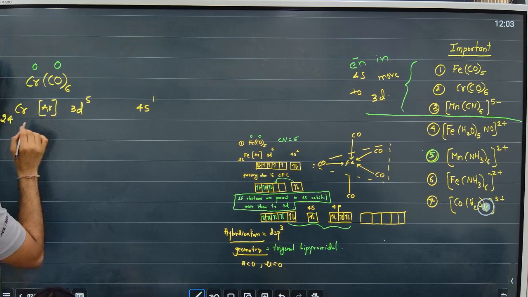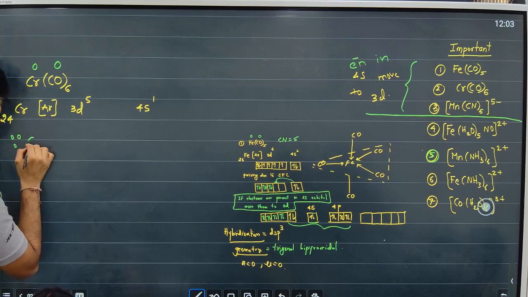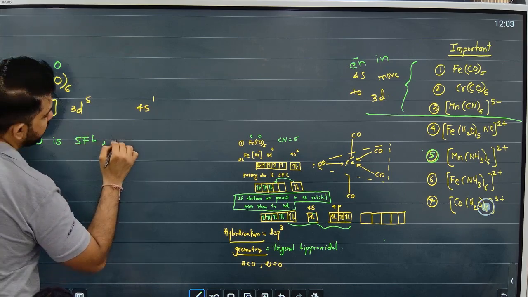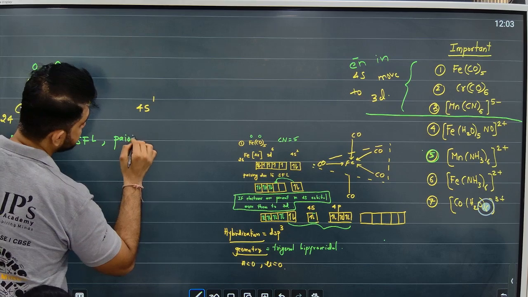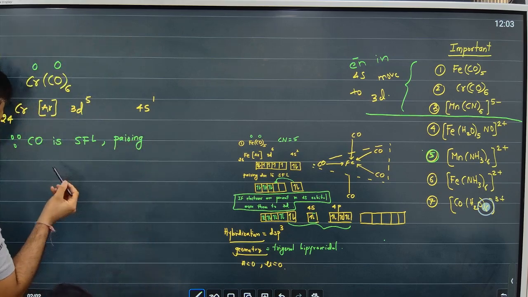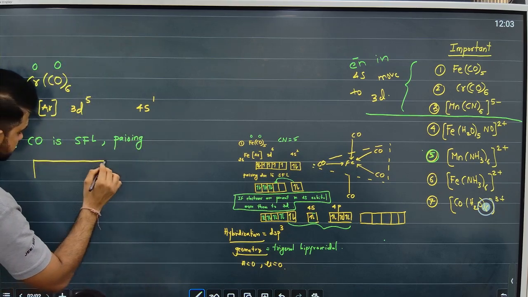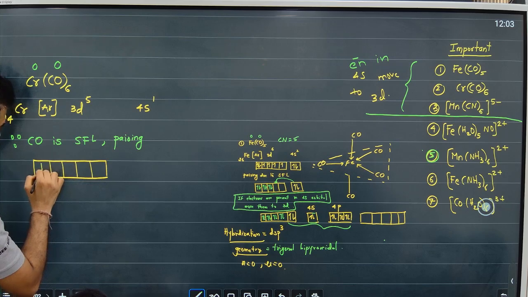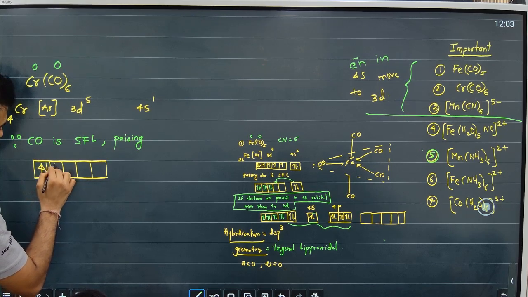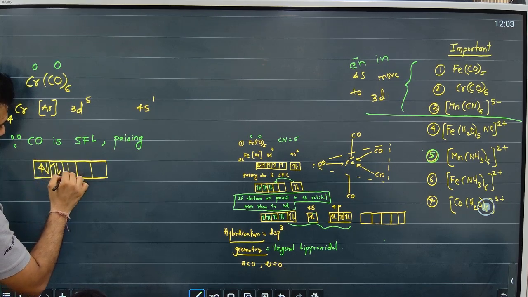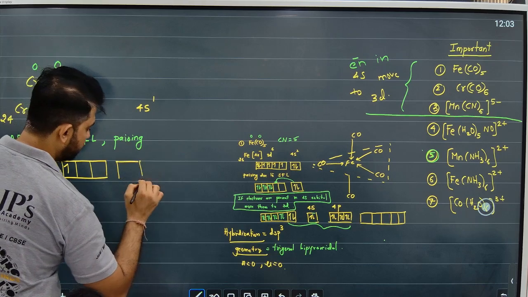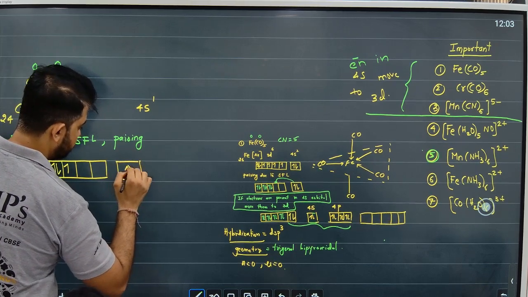तो directly लिख रहा हूँ. Since CO is strong field, what will happen? Pairing takes place. थोड़ा shortcut में लिख रहे हैं, save time. So 1, 2, 3, 4, 5. There is electron in 4s.